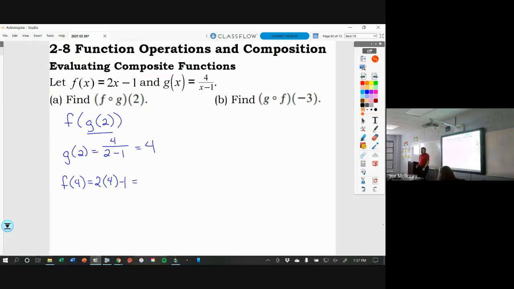Okay, so just one more step on the f of x function. 2 times 4 is 8, minus 1 is 7. So f of g of 2 is 7.